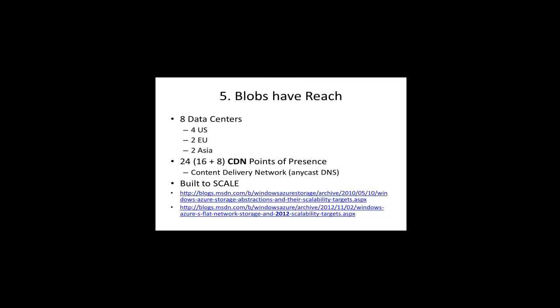And these are cache nodes, essentially, that will store a copy of the data that was requested from your blob in a local storage system, a CDN cache, a point of presence in, say, Chile, and anybody else who is close to that point of presence who requests that same data will be able to get it from the much closer CDN point of presence, improving performance.